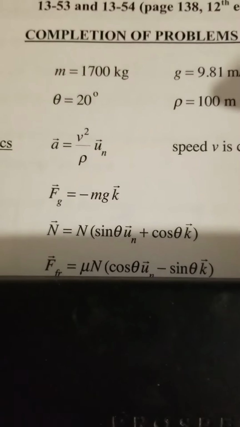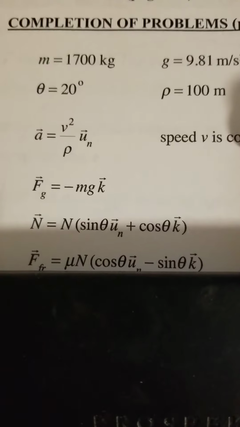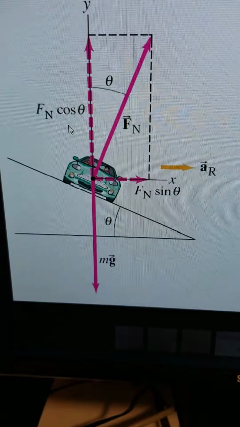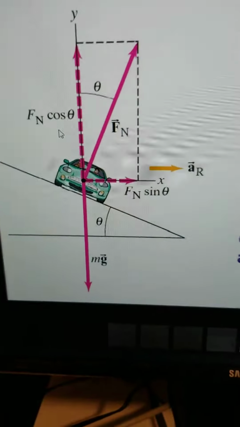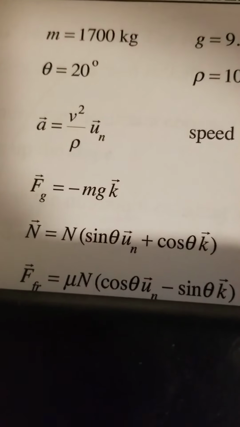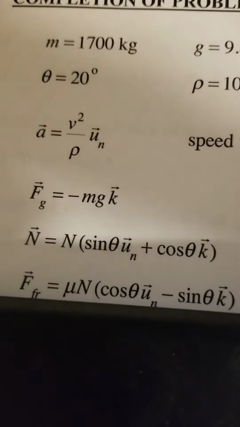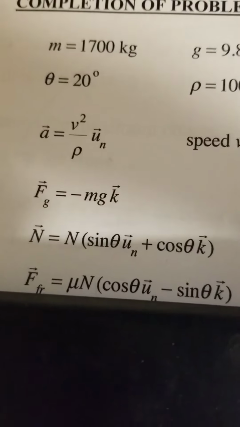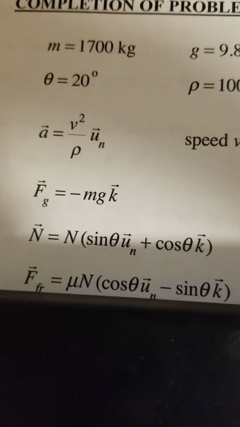Here we have a force of gravity pointing downwards. As seen from the diagram, the force of gravity is mg, and it points downwards. That's why it's negative mg. Then we have the normal force and the friction force. The normal force is N sine theta u sub n, and N cosine theta upwards.